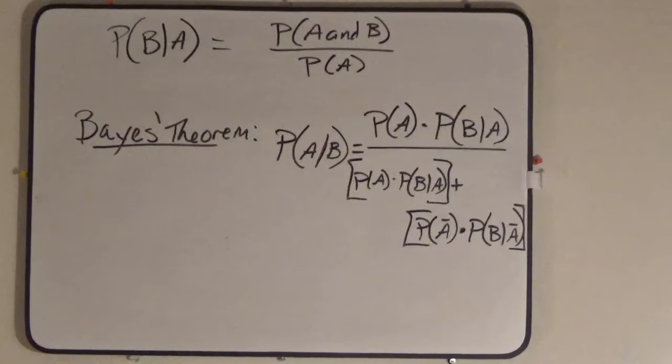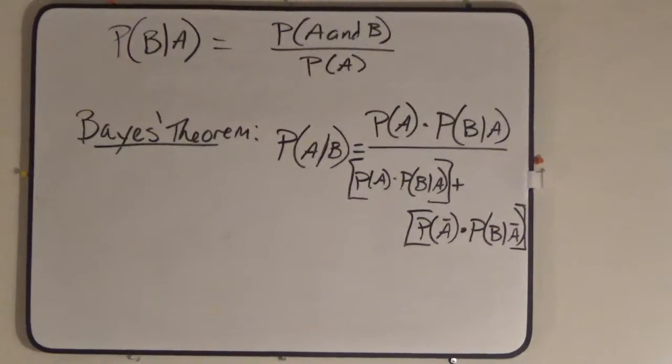Well, with Bayes' theorem, sometimes information is continual and you gain more information as time goes on. Bayes' theorem allows us to take new information and combine it with an old probability, something that we initially found. We can substitute in the new information.